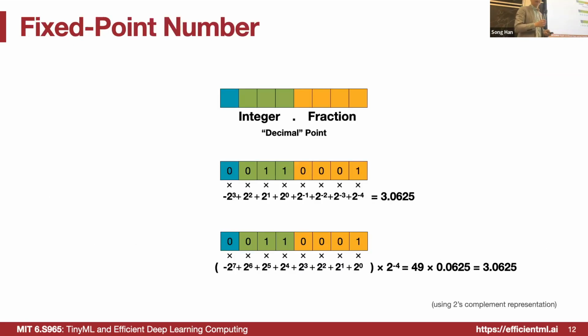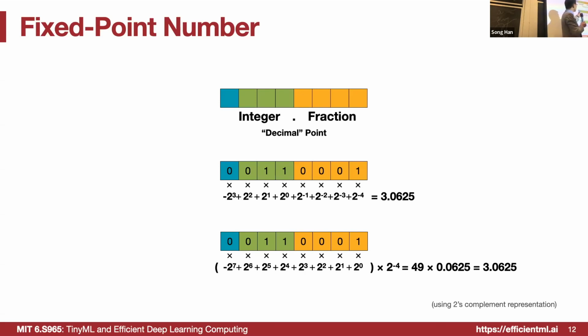Okay, so let's talk about the fixed point numbers. What if we want to represent a number smaller than 1? We introduce this decimal point. Above the decimal point, those are the integer bits, and below that, those are the fraction bits.